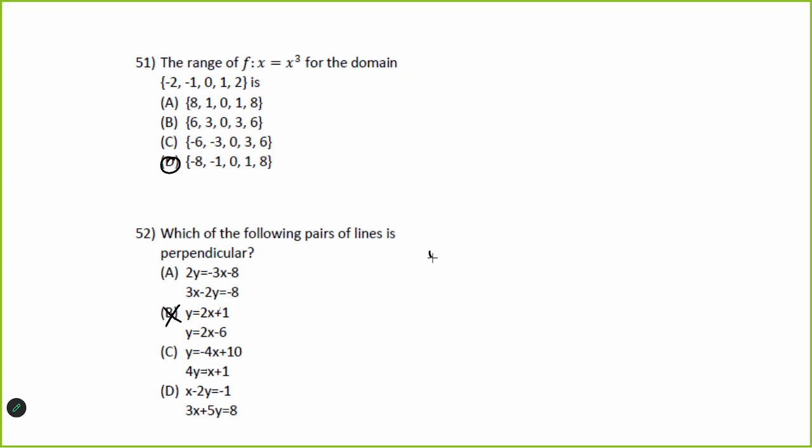Let's see. Y is equal to 4x plus 10. And 4y is equal to x plus 1. Carry this across. Y is equal to 1 over 4 x plus 1. Right? So the gradient of this line is 4, and the gradient of this line, hold on, which one am I looking at?